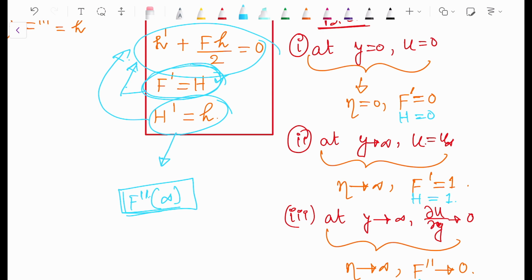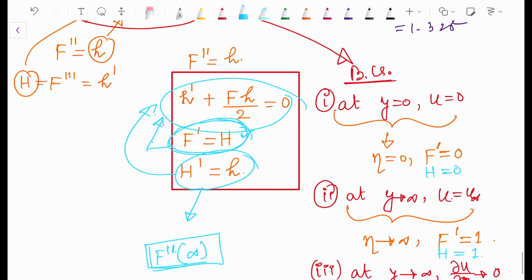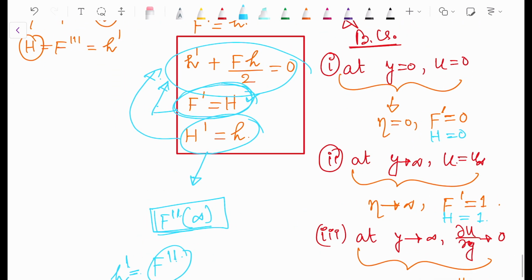So I have to assume some function f, and then I can calculate this h double dash, because h dash is equal to f double dash, or maybe f triple dash.